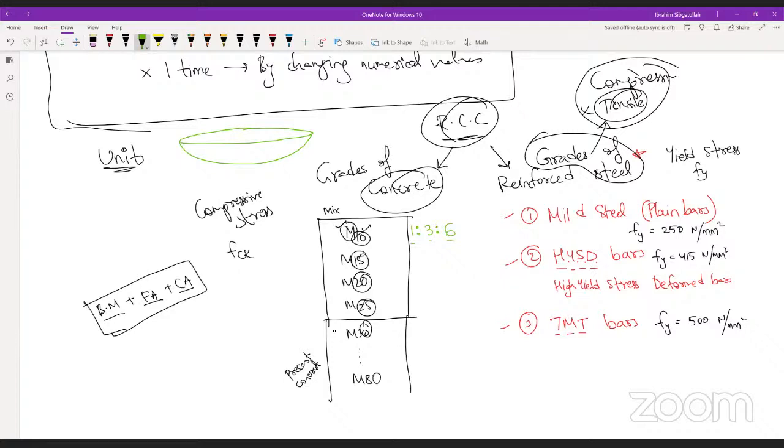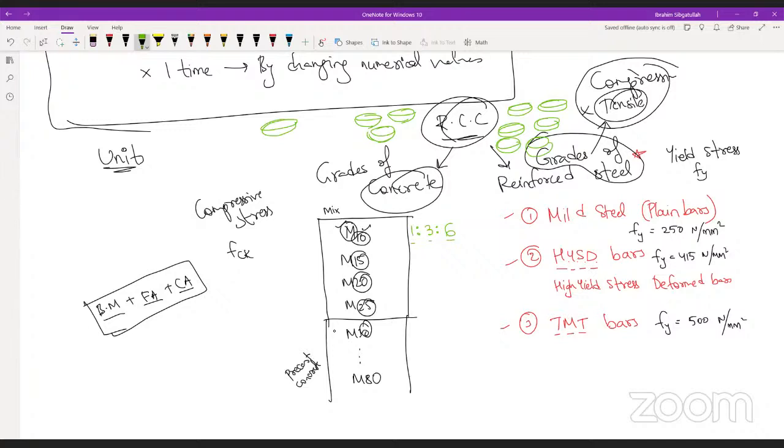Like this, in M10, we will put in 1 part of cement, 3 parts of sand, and 6 parts of stone.